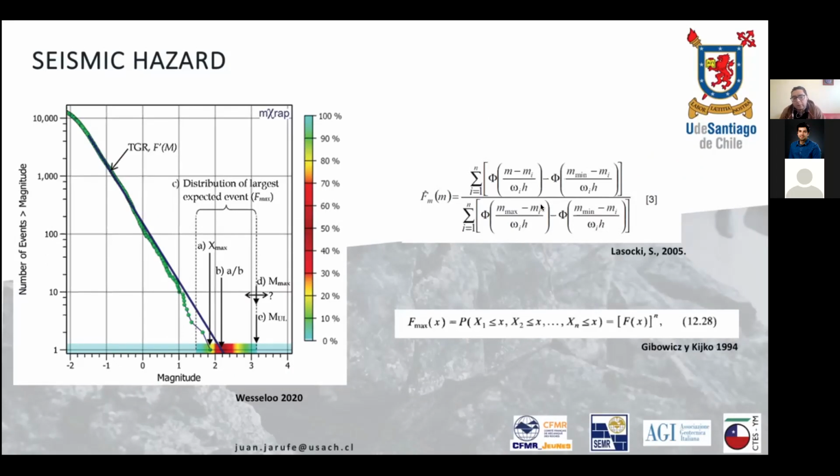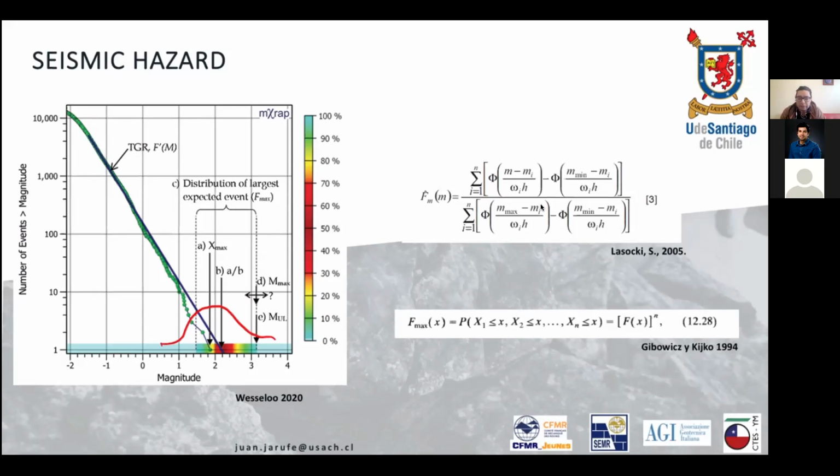Westerlund last year also made a very comprehensive description of the methods to calculate this distribution. So if you can do all of these repetitions, you can just use one of these equations and calculate this distribution of the maximum magnitude.